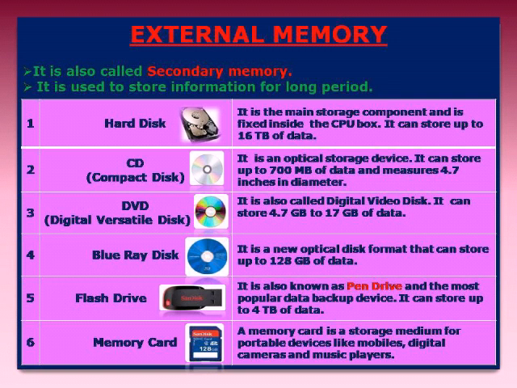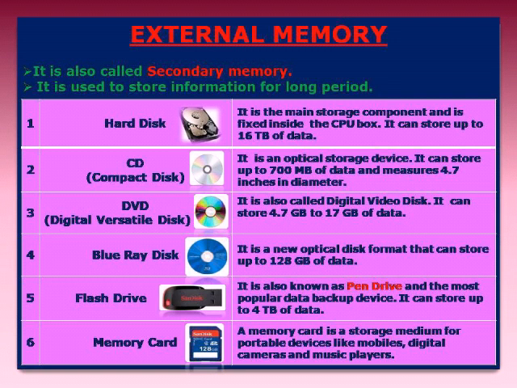Third, DVD, digital versatile disc. It is also called digital video disc. It can store 4.7 GB to 17 GB of data. Fourth one, Blu-ray disc. It is a new optical disc format that can store up to 128 GB of data. Fifth one, flash drive.